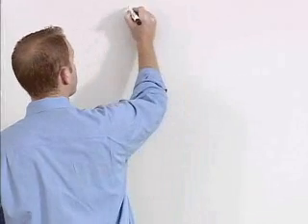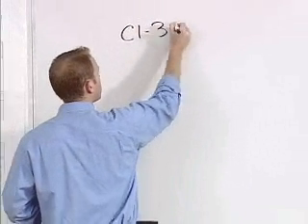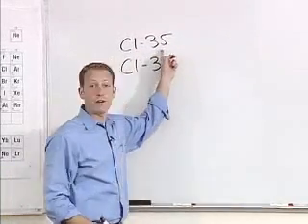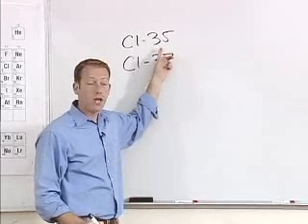So I'm going to give you a problem, and you also have to be able to calculate them. So I'm going to give you a problem right now. Chlorine. They could tell you that there's two isotopes of chlorine: chlorine-35 and chlorine-37. Chlorine-35 has a mass number of 35.